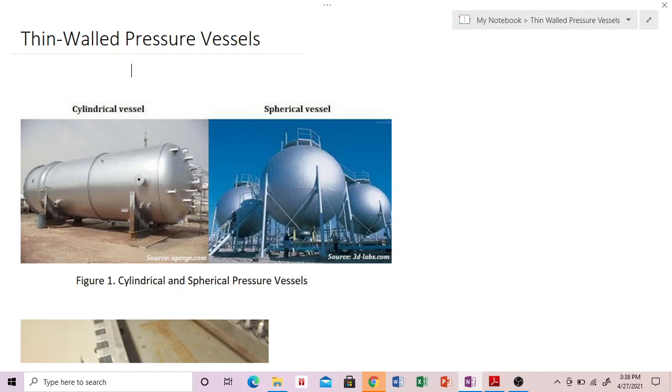Now, there is a bursting force inside the tank that may cause failure to the pressure vessel. A sample pressure vessel in this picture is a cylindrical vessel and a spherical vessel.